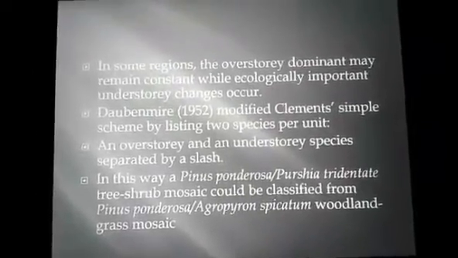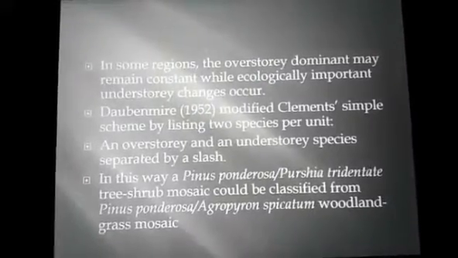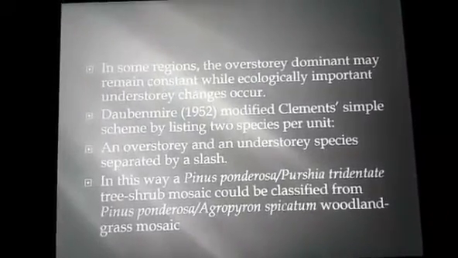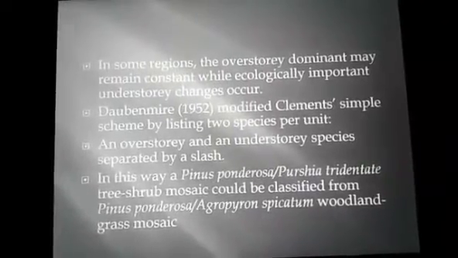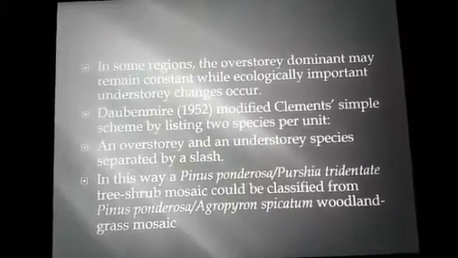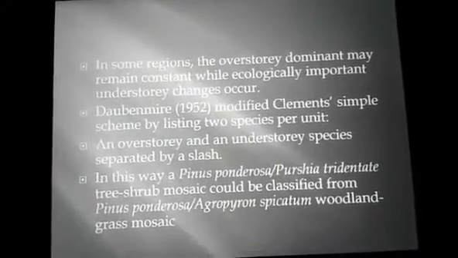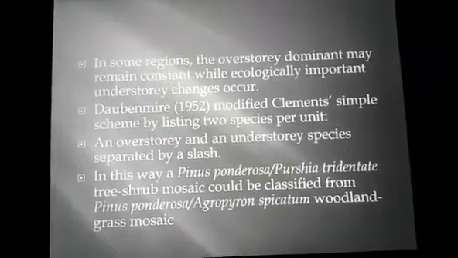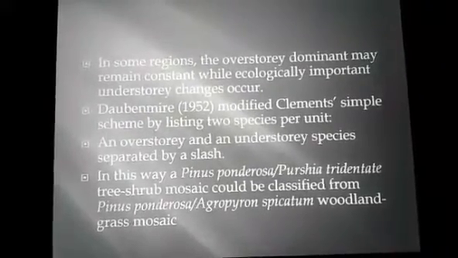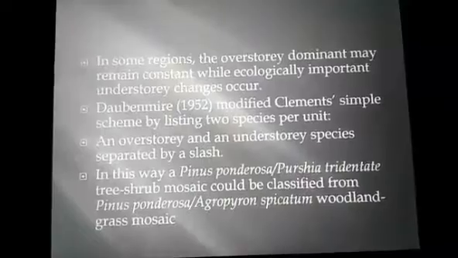So in light of this, Daubenmire in 1952 modified this Clements simple scheme by listing two species per unit. That is an overstory species and also an understory species separated by a slash.